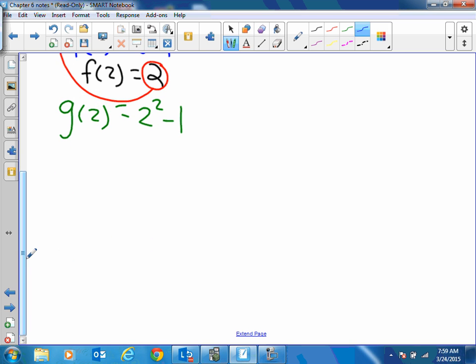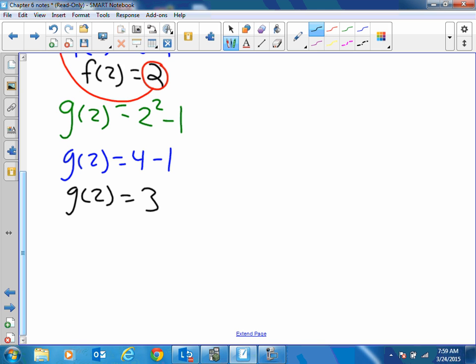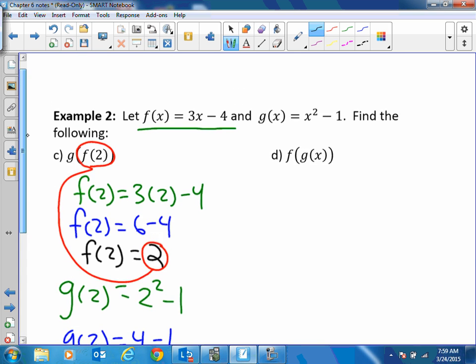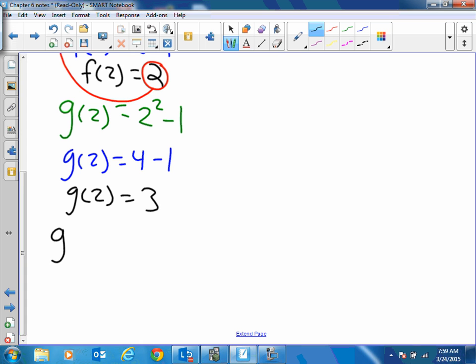So 2 squared minus 1 is 4 minus 1, and 4 minus 1 is 3. Okay, so if I really wanted to write my whole answer at the beginning, g of f of 2 equals 3.